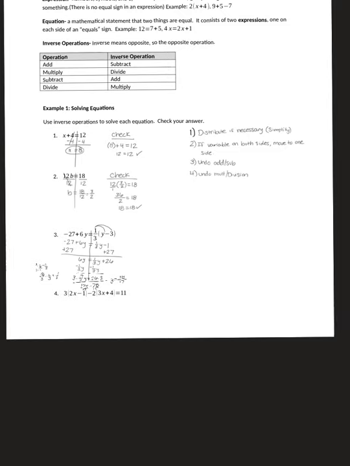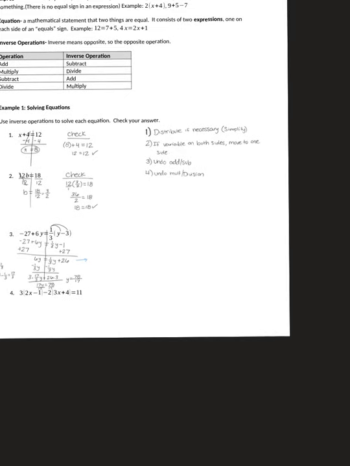The second way to do it is, I'm just going to scoot this over. I can get rid of that fraction right off the bat. So if I want to get rid of the denominator of 3, remember it's just dividing by 3.